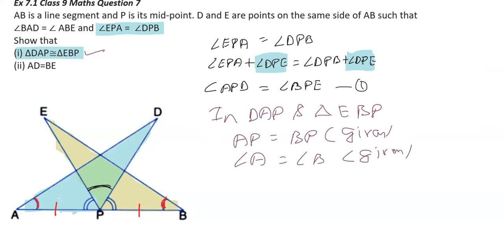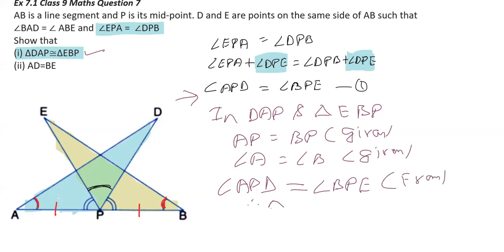And finally, from equation 1, angle APD is equal to angle BPE. This we have already proved. So therefore, we can write these two triangles as congruent. That is triangle DAP is congruent to triangle EBP. And that's how we prove the first part.